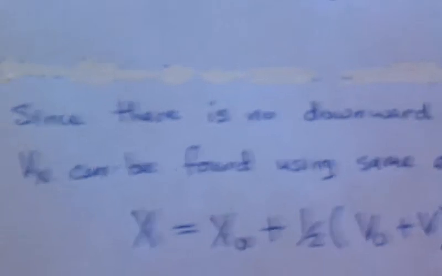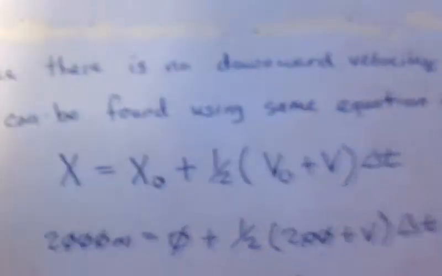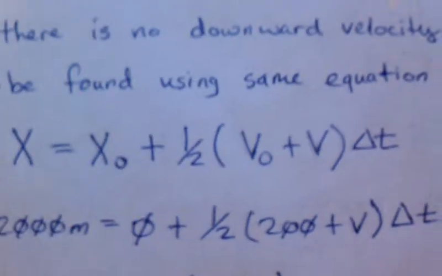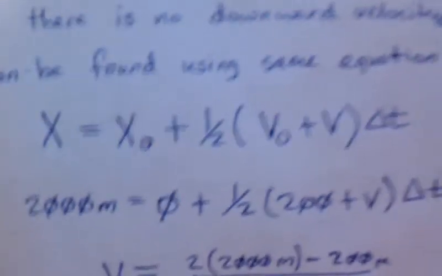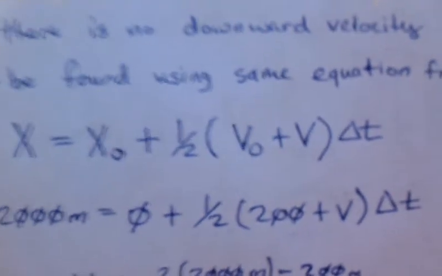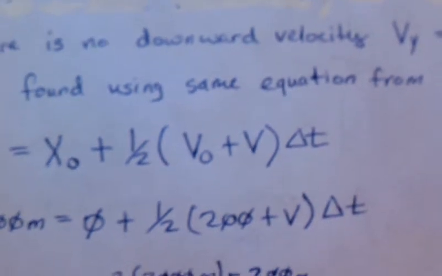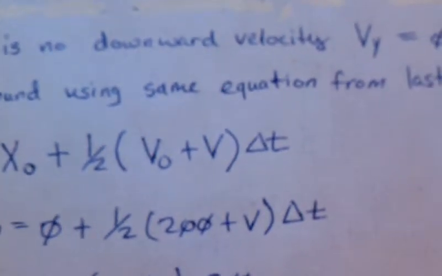Now, since there is no downward velocity, the y velocity equals 0 meters per second. The x velocity can be found using the same equation from above. We know that x final equals x original plus 1/2 (v original plus v) times change in time. Once again, we just plug and play. So 2,000 meters equals 0 plus 1/2 times (200 plus v) times change in time.